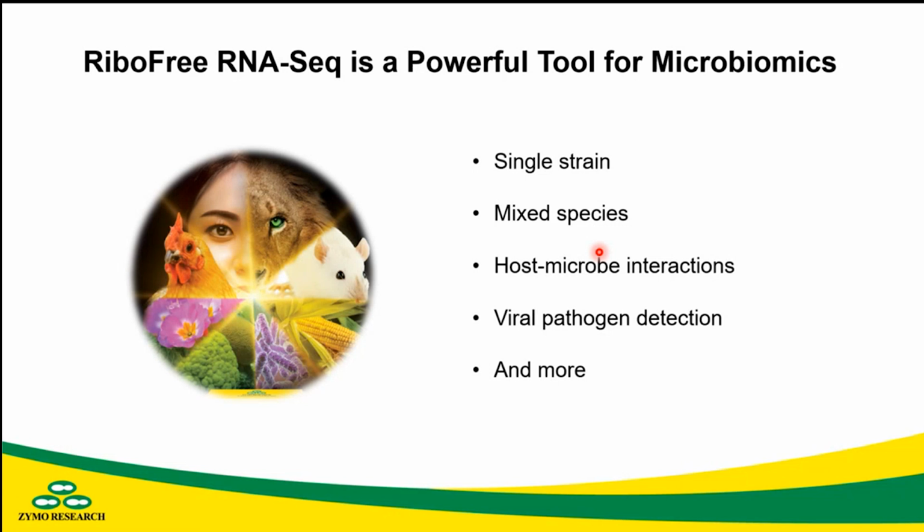You can use our kit as is and load the libraries onto an AVITI flow cell per manufacturer suggestion. For AVITI's earlier generation of flow cell, similarly to MGI, Element Biosciences provides a conversion protocol that is very simple to implement. Just add one step of conversion, and you will be able to sequence ribo-free libraries on Element AVITI as well.